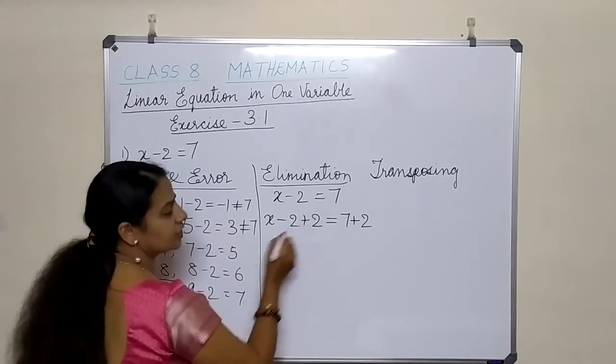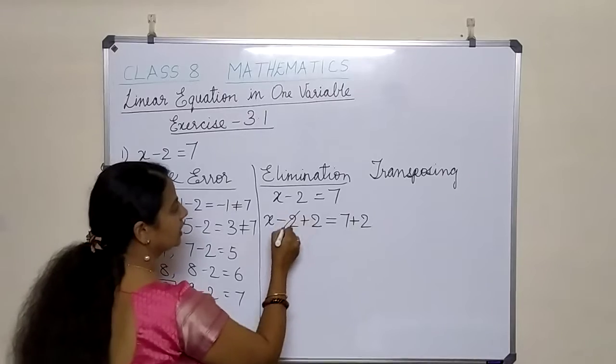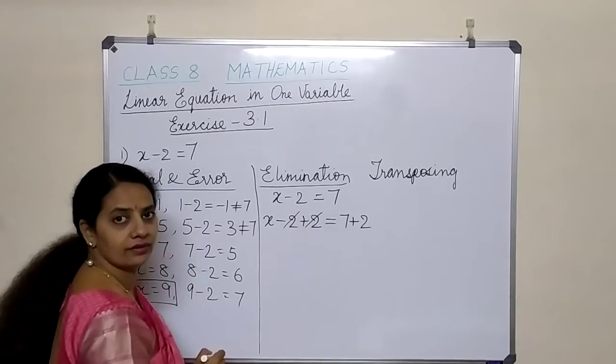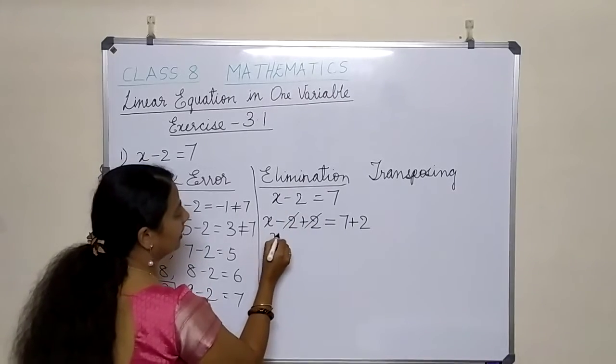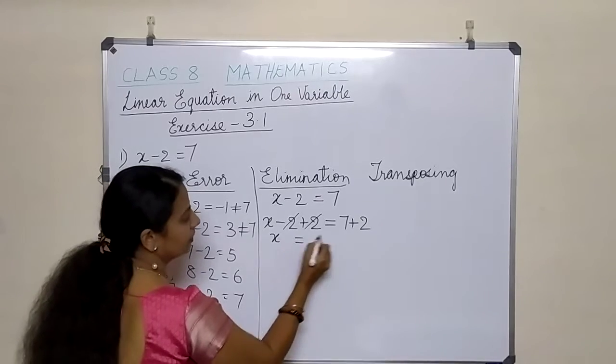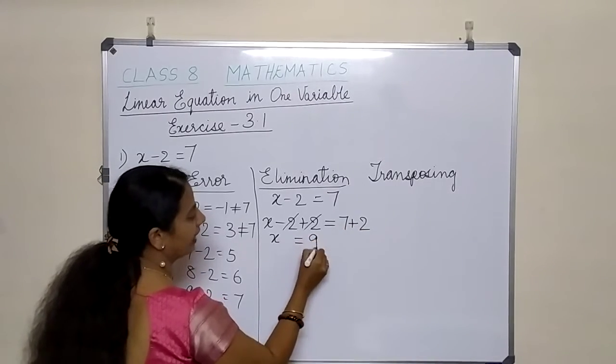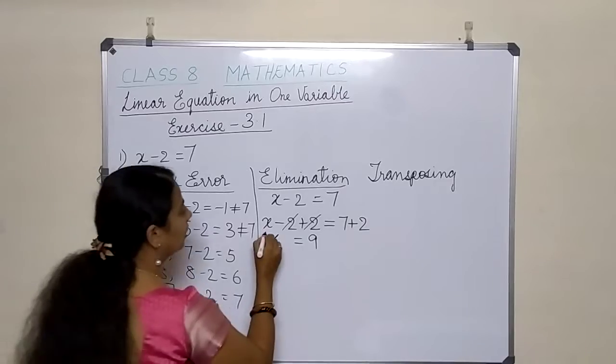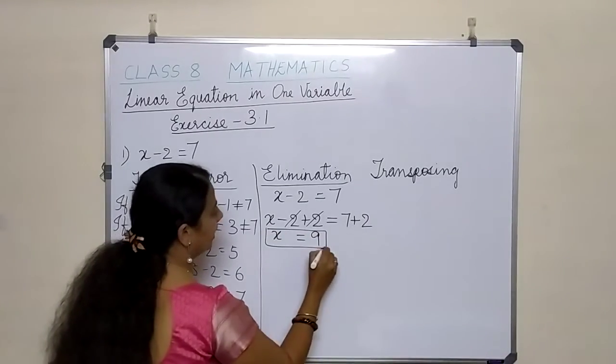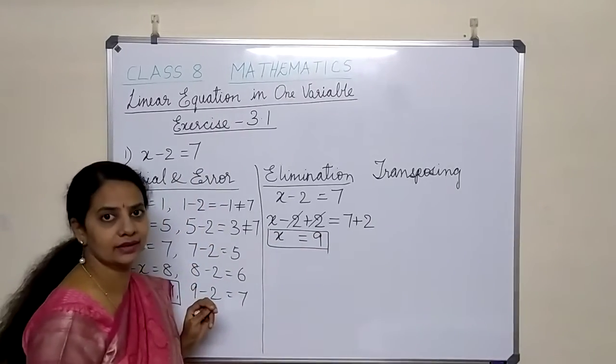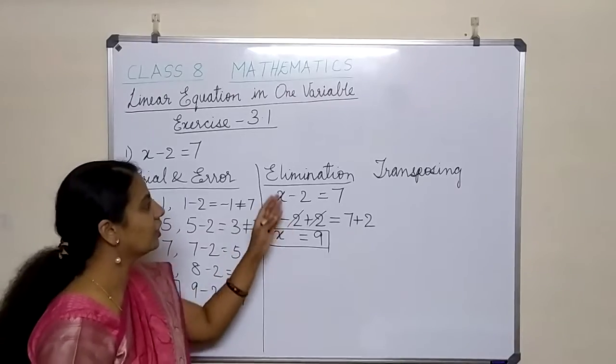So minus 2 plus 2 gives you 0. So this we can cancel. Right? So you are left with x is equal to 7 plus 2, which is what? 9. So you got the answer. X equals 9. Right? So this is your elimination method.